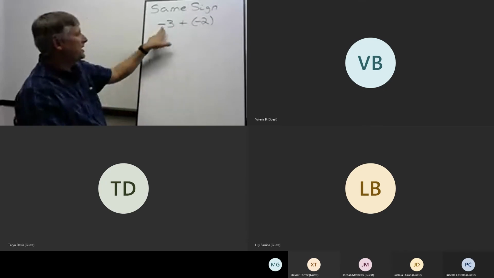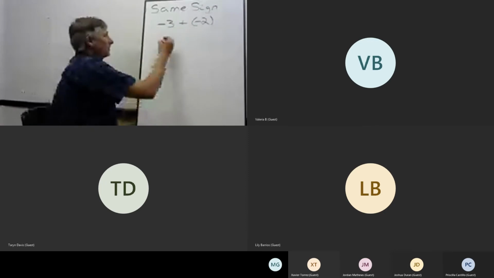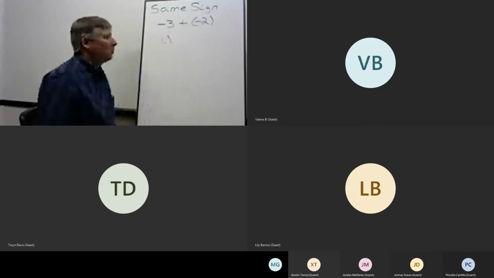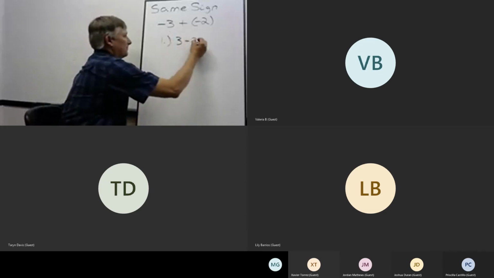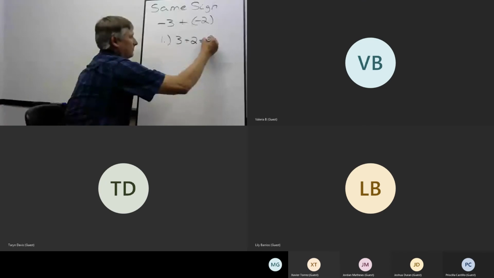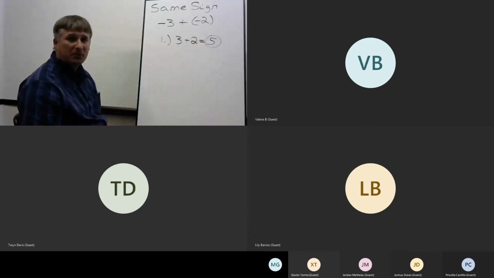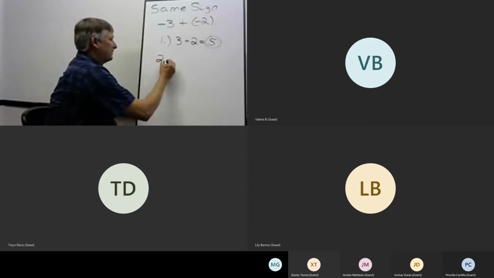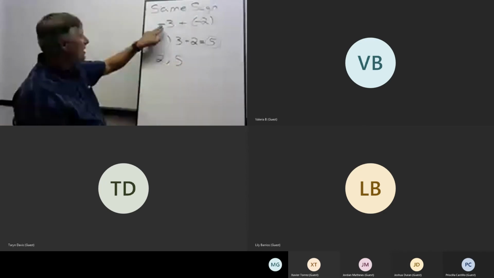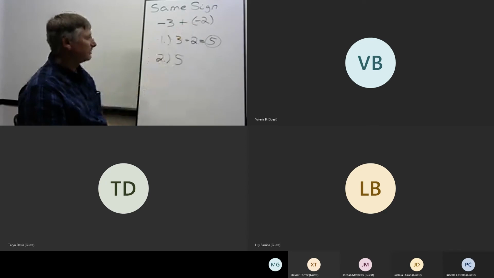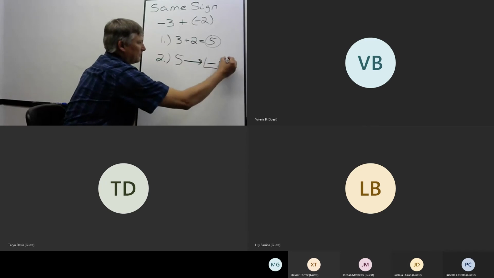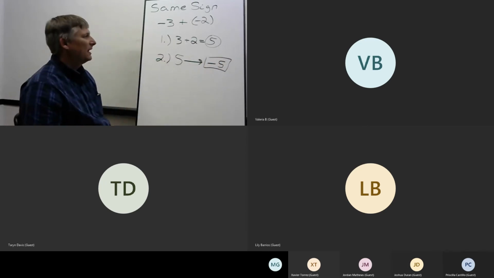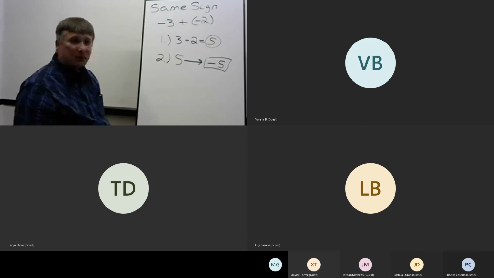So if they're the same sign, negative 3 plus a negative 2, we add together the positive versions of these numbers. So 3 plus 2 is 5. And then finally, the common sign attached to these numbers, we attach to the answer. And that's going to be our answer. Questions about that?